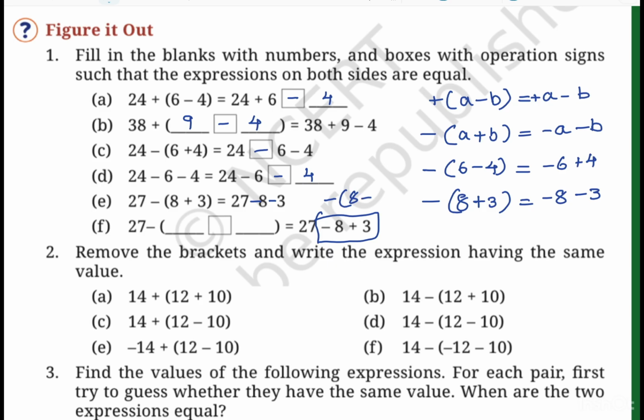The sign of the 3 will be changed. It will be 3. So that minus 8 minus 3 is equal to minus 8 plus 3. So the answer will be minus 8 minus 3. So here will be 8 minus 3.